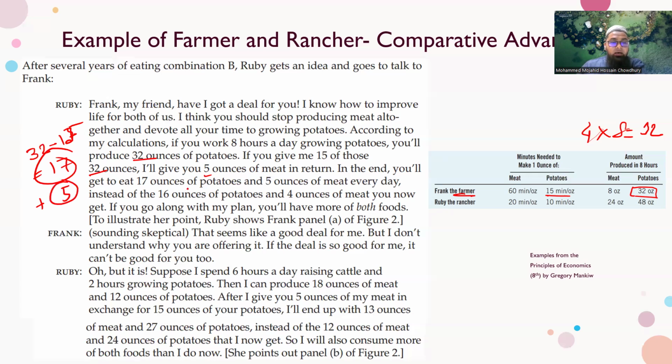In the end, you will end up with 17 ounces of potatoes and 5 ounces of meat every day, instead of the 16 ounces of potatoes and 4 ounces of meat you now get.